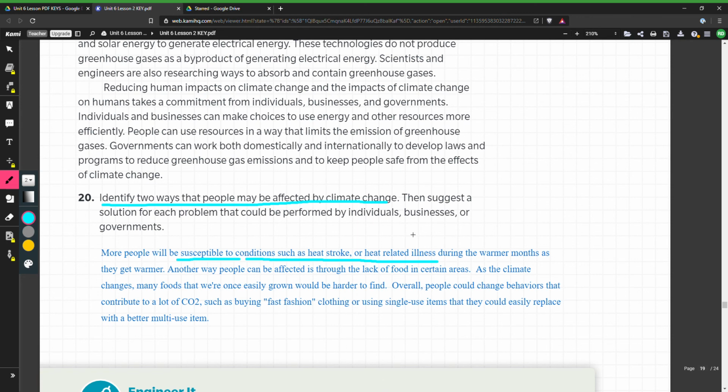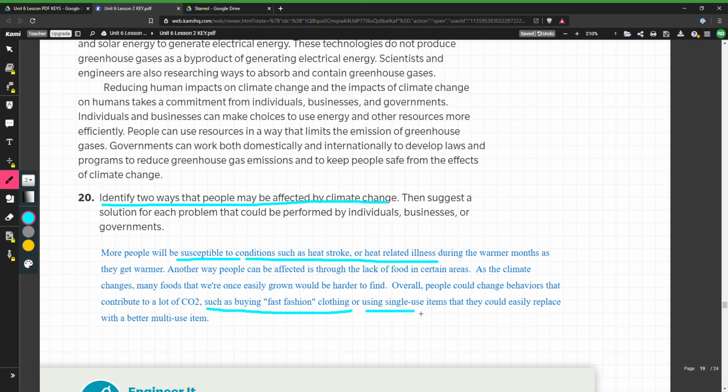And then we need to think of ways that we can solve it. So some things that we can do is change behaviors that we know contribute a lot of CO2. Examples I wrote were buying fast fashion clothing. That's the term for clothes that are really cheap, like at Forever 21, places like that, but most of those clothes are never bought, and they use a ton of resources that basically just get thrown away.